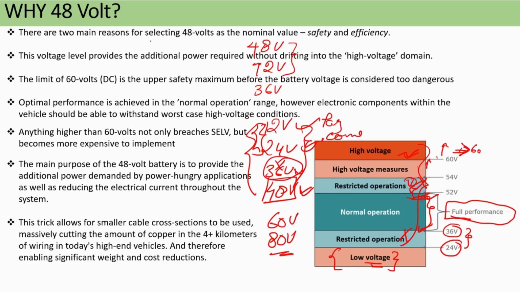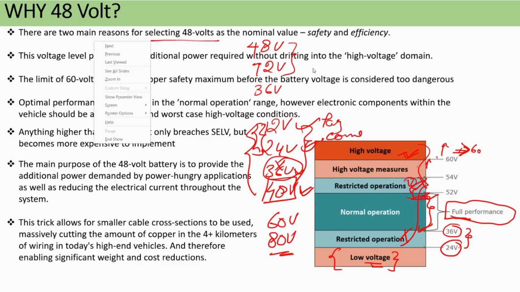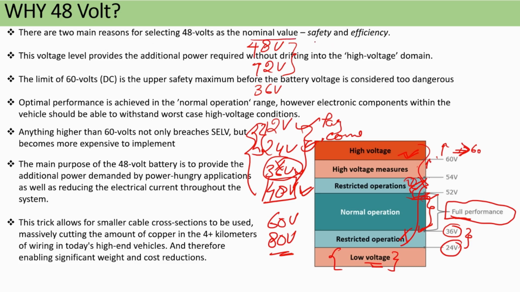So here I have written the same thing: selecting the voltage as a nominal value, safety and efficiency are the two most important factors which we have considered. If you go above 60 volt, then you have the issue of safety and efficiency.